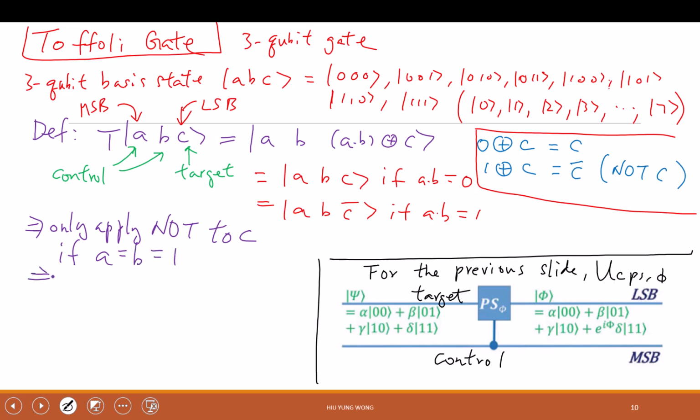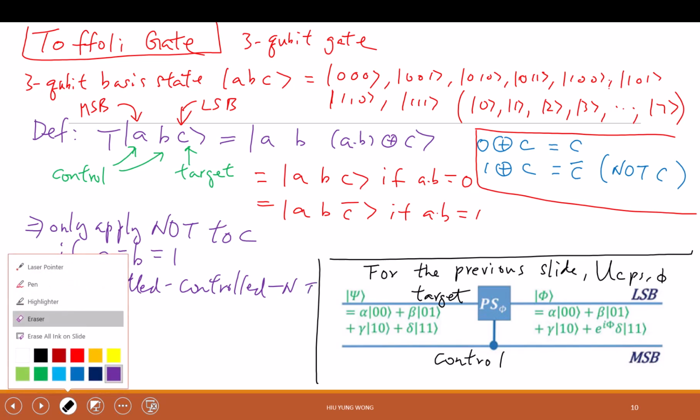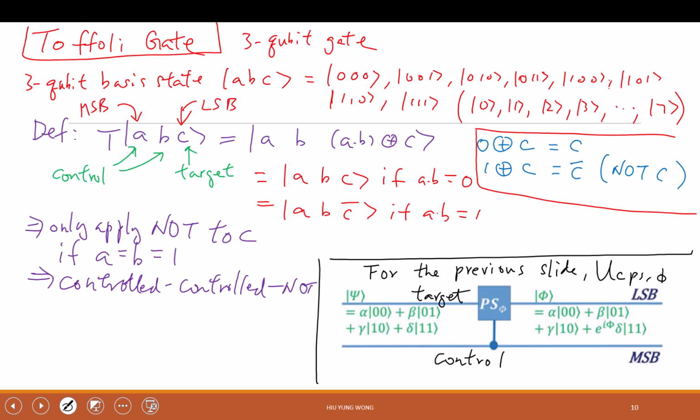So this is also called control-control-NOT. And you can imagine, I can also have more controls on the NOT. And indeed, we do have algorithms using this.